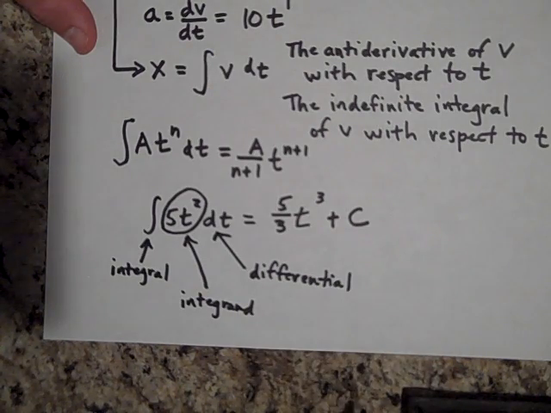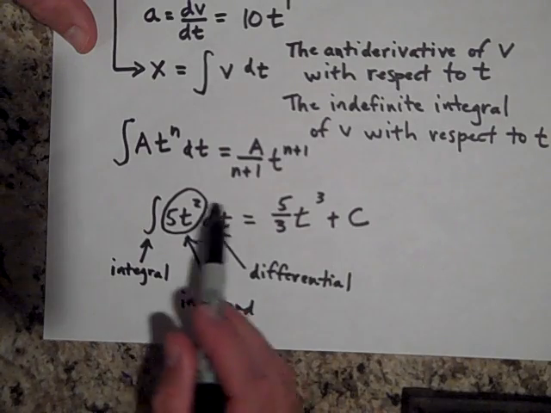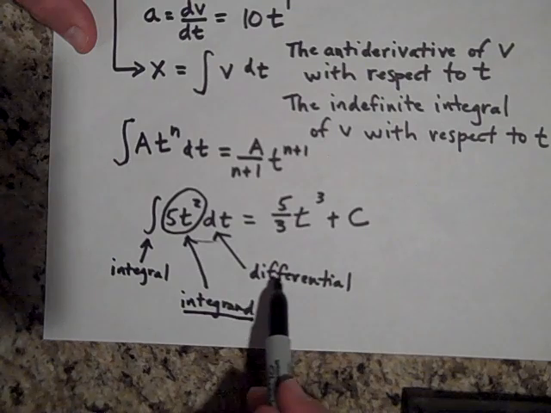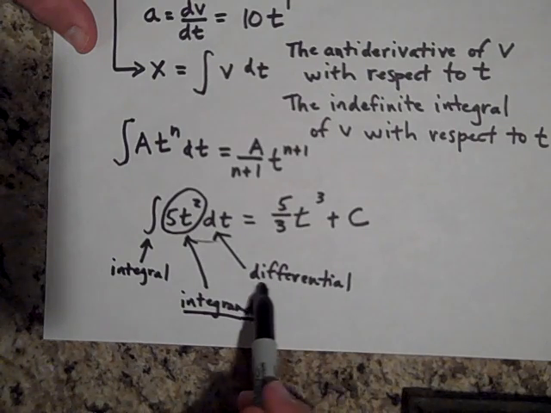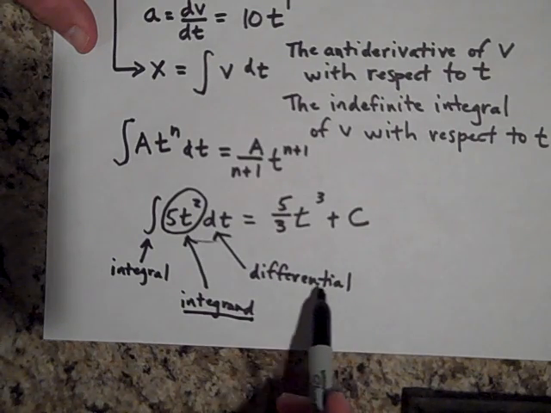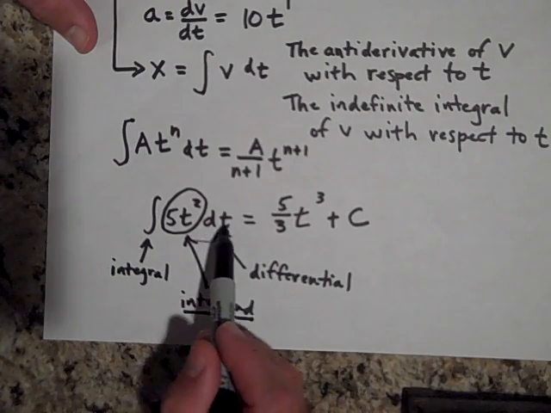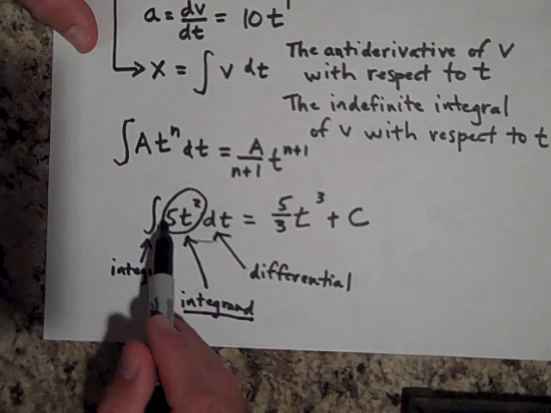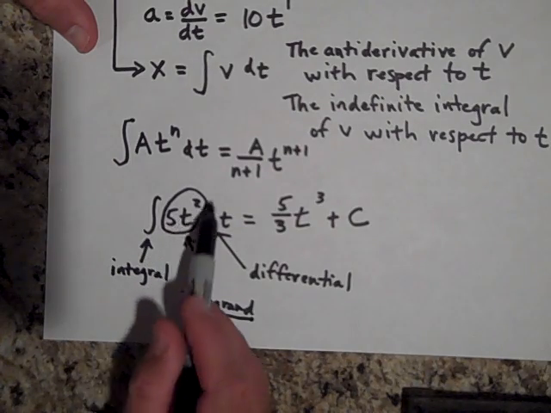Notice that when I took the antiderivative of this, I only took the antiderivative of the integrand. I don't worry about the differential. The differential is reminding you that you're taking it with respect to time. So you're really only taking the antiderivative of the integrand.